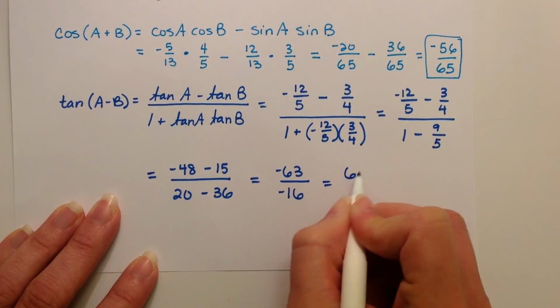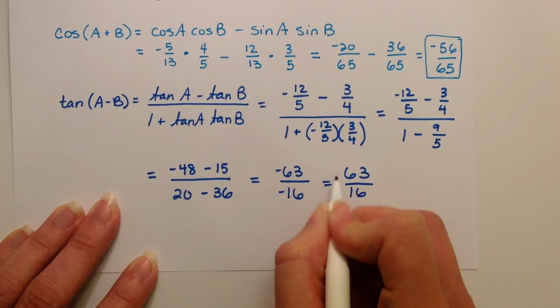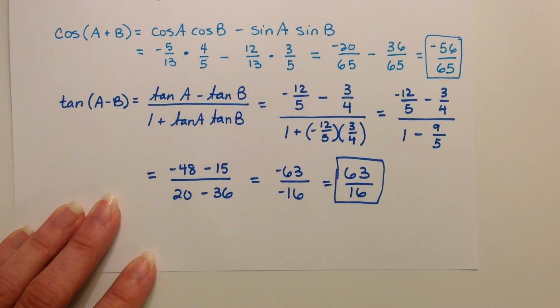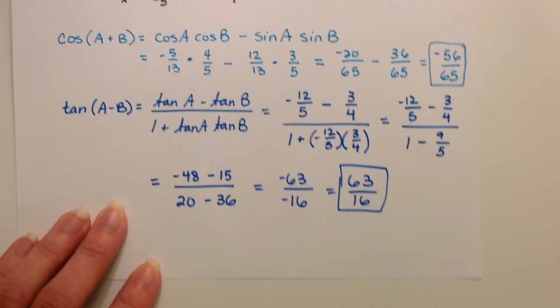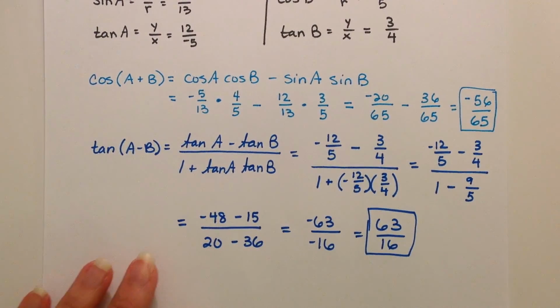So, of course, that ends up being positive. So 63 over 16 is your final answer for that. So once you find all of those values, you know, sine, cosine, and tangent for angle A, and sine, cosine, tangent for angle B, you actually could be asked to find any of the 6 identities using the sum or difference of any of those identities.